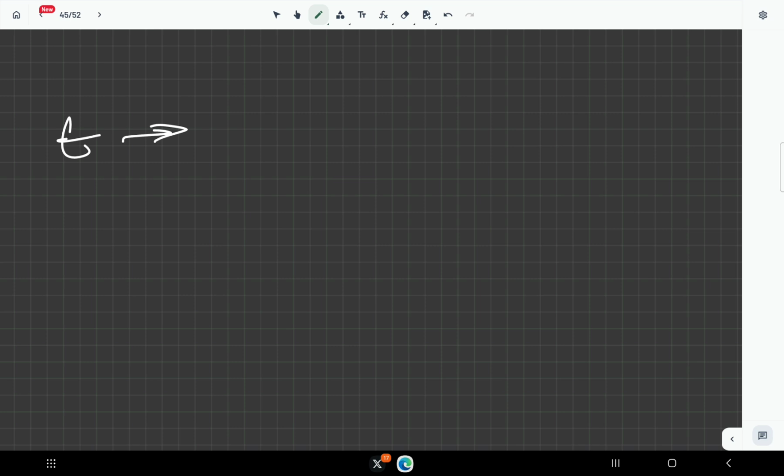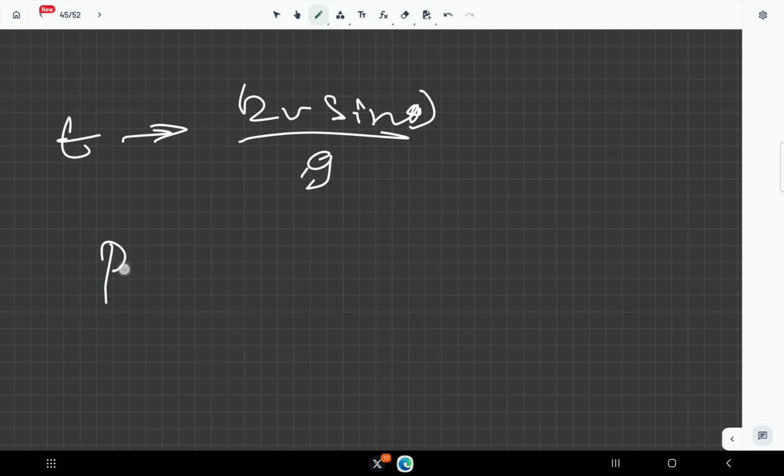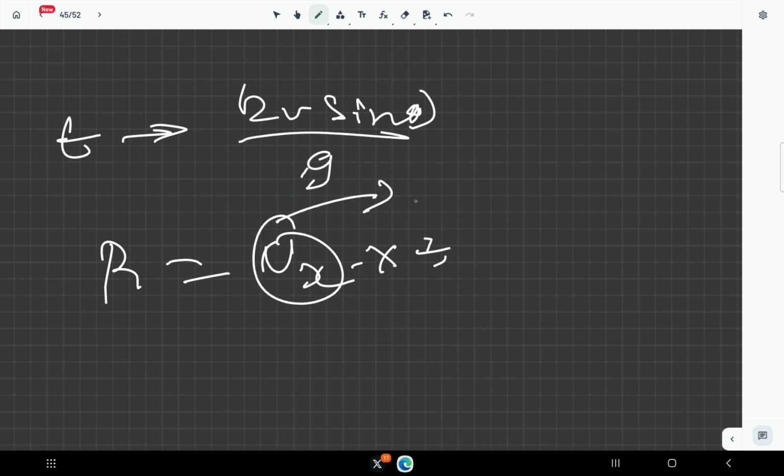So t, which we derived in our previous video, was 2v sine theta divided by g. So now we know that the range is equal to Vx times t. Vx is just V cos theta.